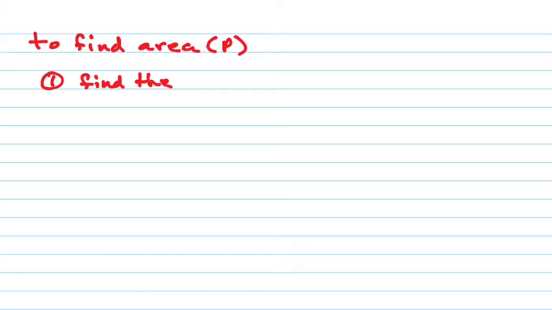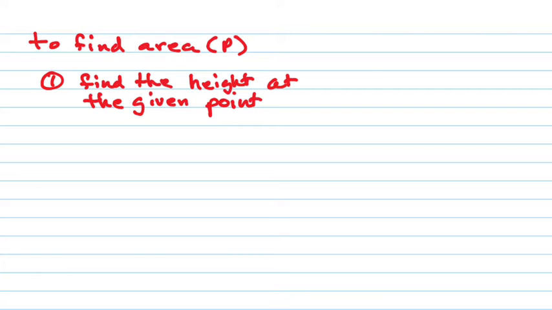Okay? To find the area, which again is the same as the probability, the first thing you have to do is find the height at the given point. And this part is where you're going to use the formulas.